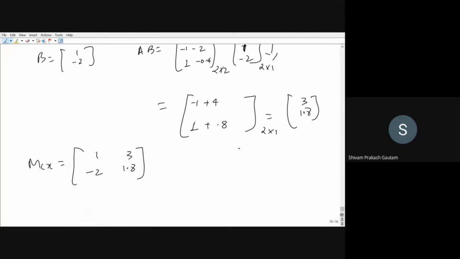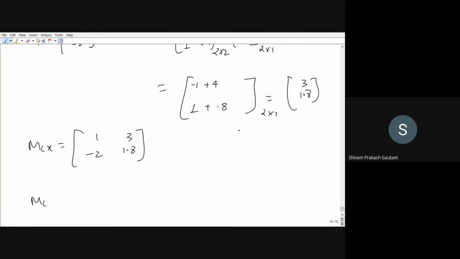Now we will calculate MCZ. MCZ matrix is given by B cap, comma A cap B cap, comma A cap square B cap, and so forth, up to A cap^(n-1) B cap. This is for control canonical form, and the order of the system is 2.